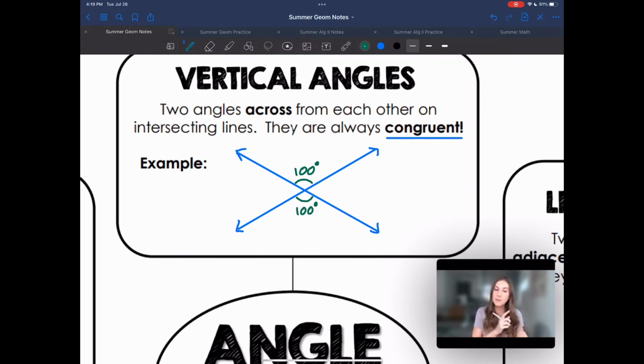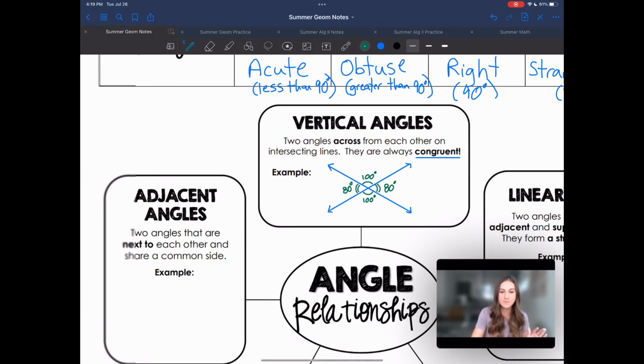You also have another pair of vertical angles. I'll do a double arc mark to show that these ones are congruent to each other. Let's say this would be 80 degrees here, and if you know that's 80, this one's vertical to it. It's across from it, so it's also 80 degrees. Really big concept here, vertical angles. You will use this all year long.